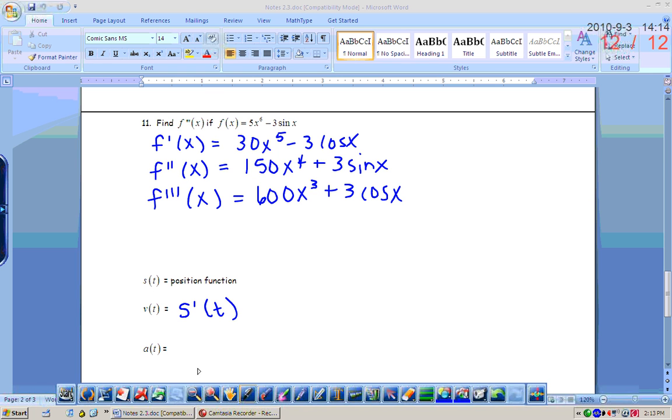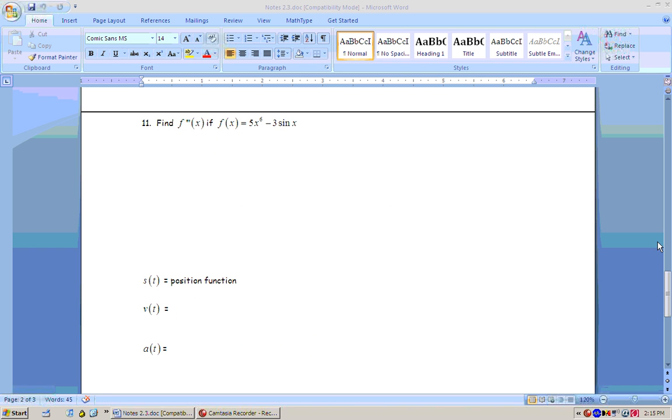Well, acceleration is the derivative of velocity, or we can think of it as the second derivative of position. Good. And then there's jerk, which you do in physics some, but that's the derivative. The derivative of acceleration is jerk, so that would be the third derivative. I've never seen jerk in calculus.